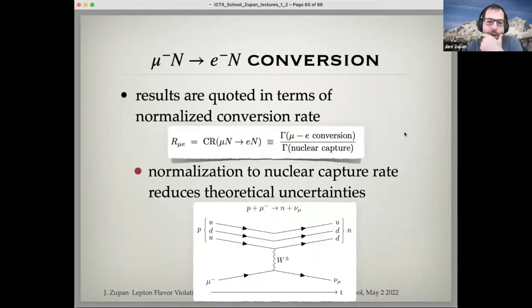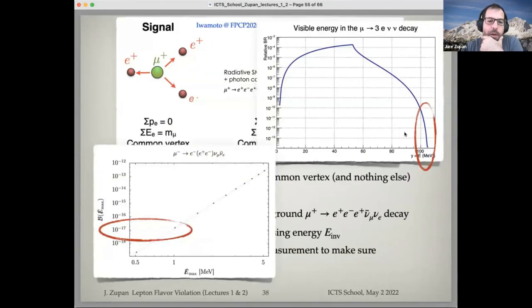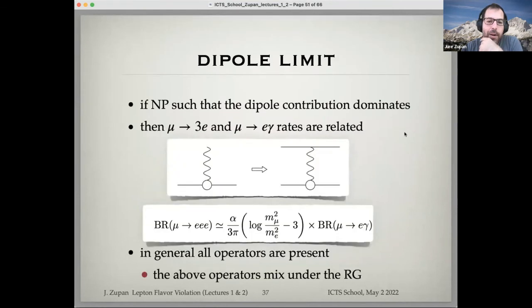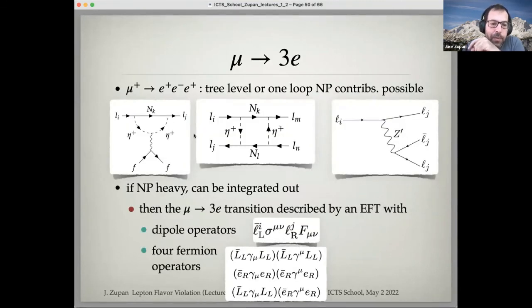I had this figure. Okay, here we are. So you want to make sure that the coupling of the electron to these states is small. So you'll have it here and here. Do you see my cursor?